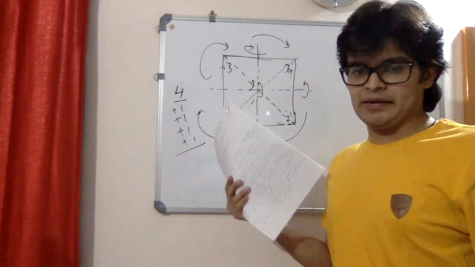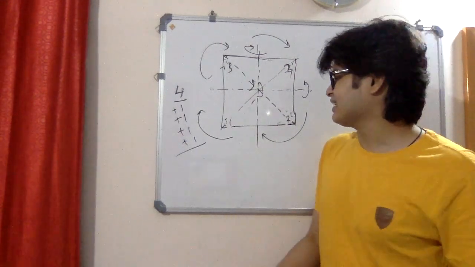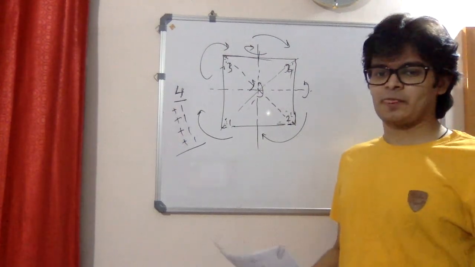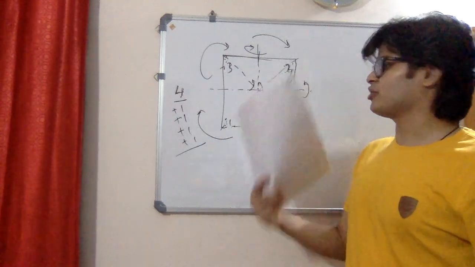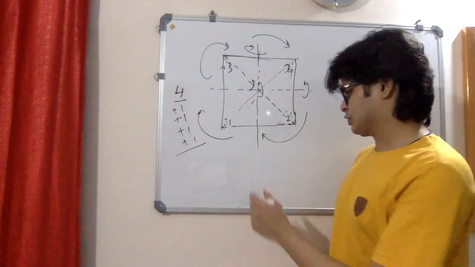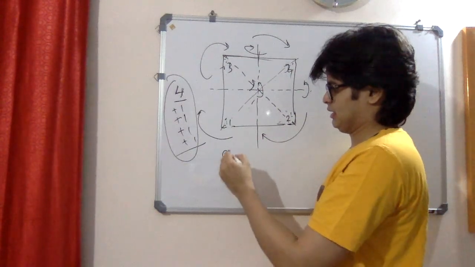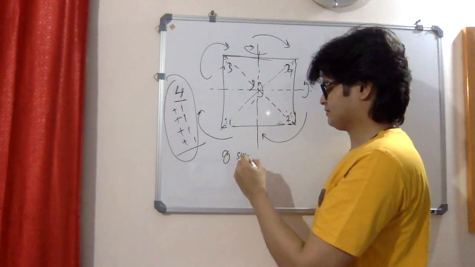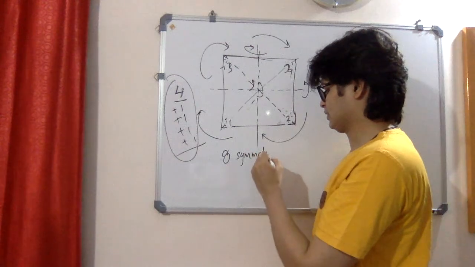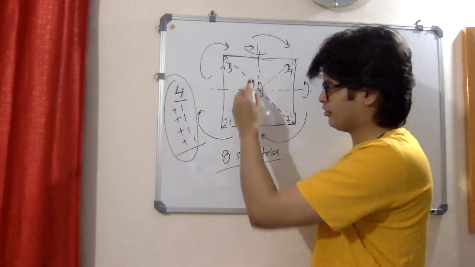Now observe that there are no more rotational symmetries left for this square. So we know that we have 8 symmetries for a square.